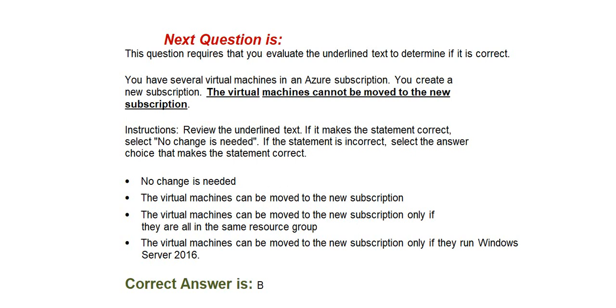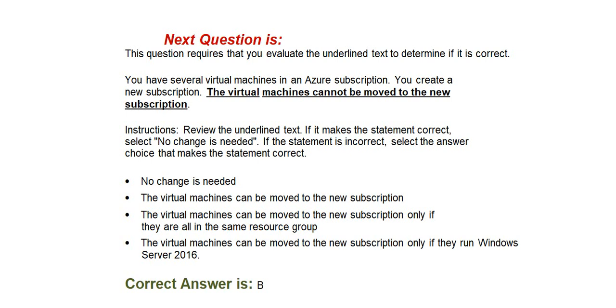Next question is, this question requires that you evaluate the underlying text to determine if it is correct. You have several virtual machines in an Azure subscription. You create a new subscription. The virtual machines cannot be moved to the new subscription. Options are no changes needed. Option B, the virtual machines can be moved to the new subscription.